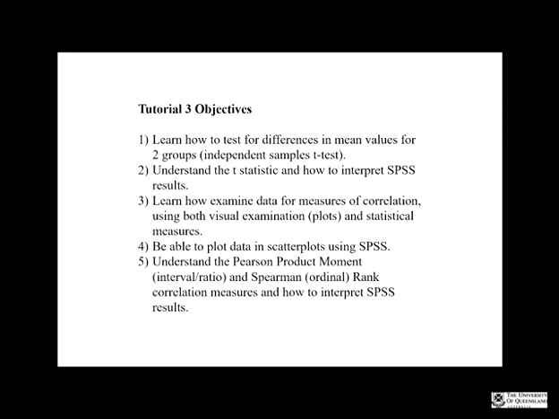We're also going to look at correlation, both visually in terms of scatter plots and also in terms of statistical tests, and understanding those. Can I have a quick show of hands? Who has done this sort of thing before? T-tests or correlation? Okay, only a couple. Great.